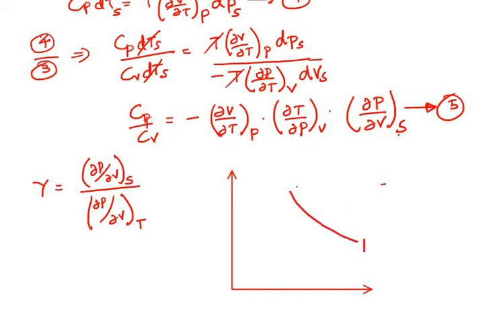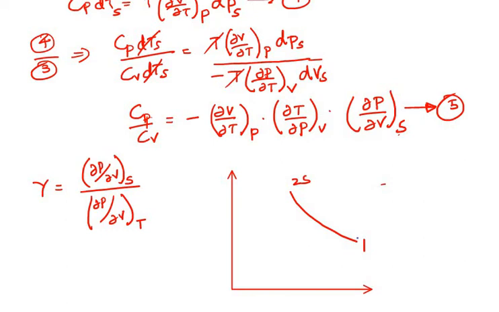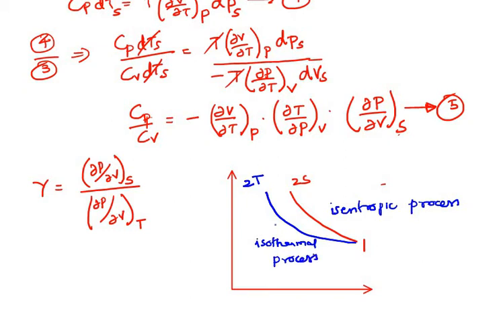I am having a process 1 to 2s, another process 1 to 2t. 1 to 2s is the isentropic process, and this one 1 to 2t is the isothermal process.